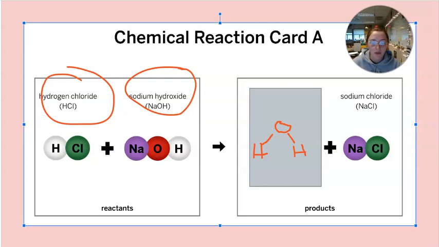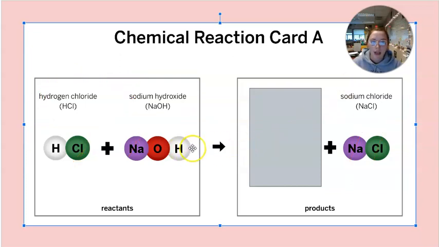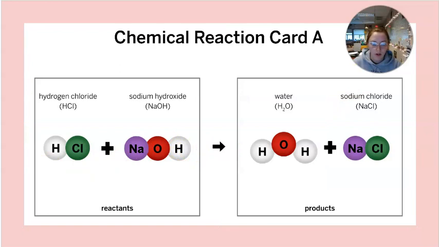If you lost how I did that, I looked at my products and went, okay, there's a sodium, there's a sodium. There's a chlorine, there's a chlorine. What's left? Hopefully we saw it was water.